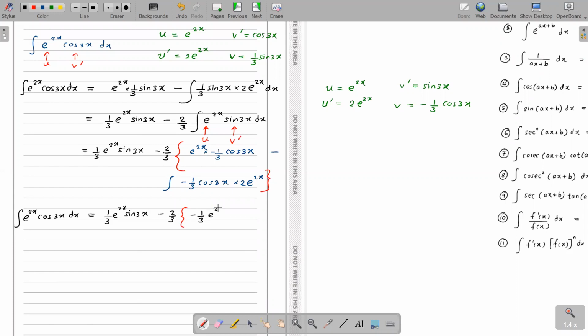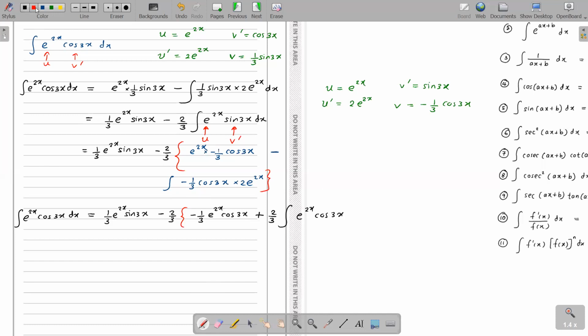Minus 1 over 3 e^2x cos 3x minus integration. I can bring this minus mark out, with this minus mark, and make it plus, and I can take the 1 over 3 out. Sorry, I can take 2 also out, right? I can take this 2, and the 1 over 3 along with the minus, altogether plus 2 over 3 integration of e to the power 2x cos 3x.